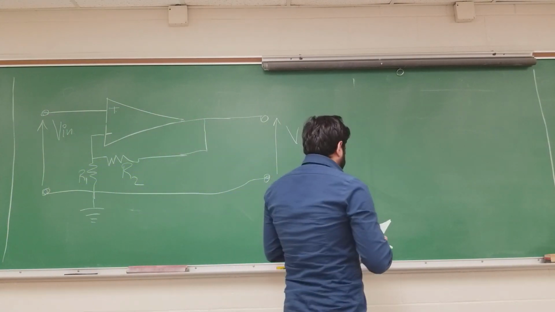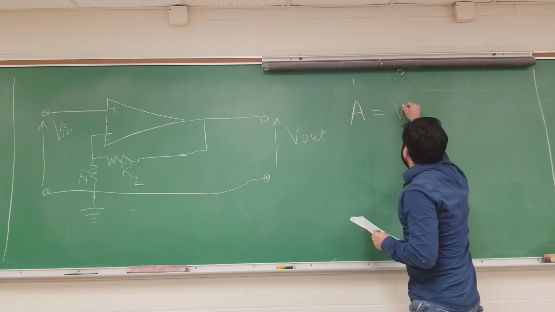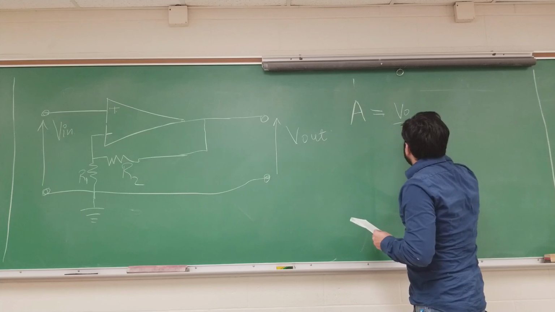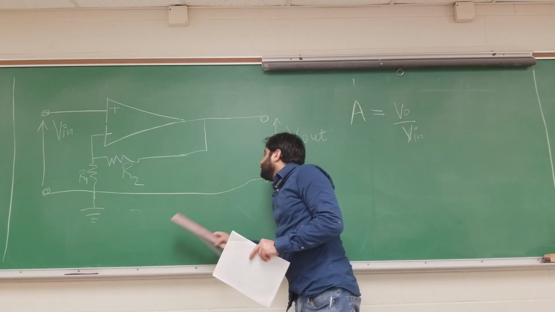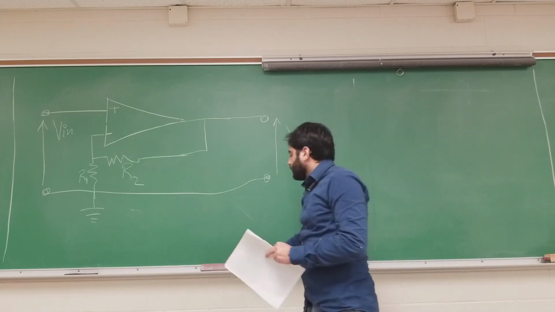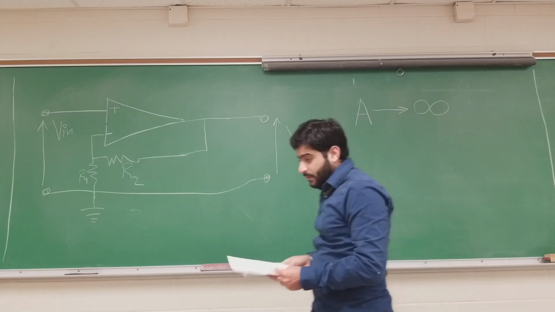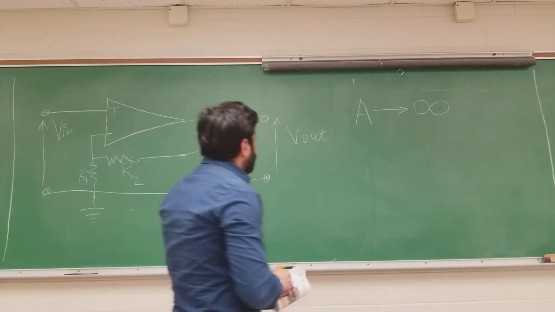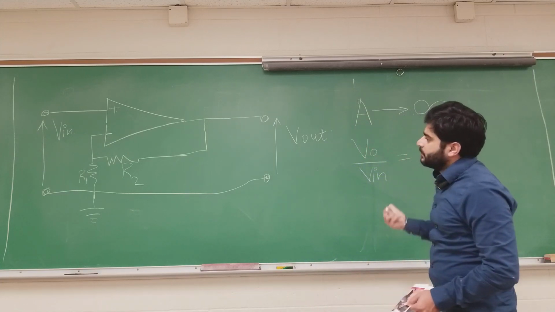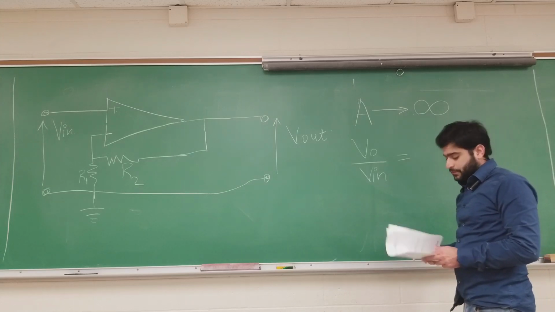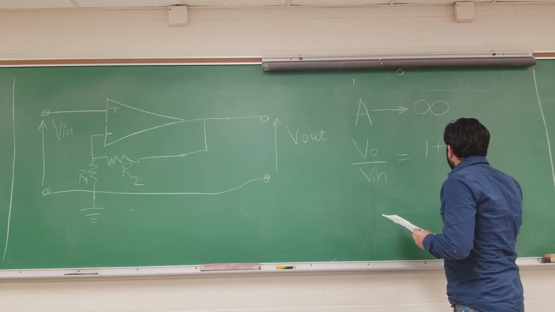So what I would cover is, when the amplification ratio of the op-amp, that is V out over V in, tends to infinity, our output signal, V out over V in, is driven by the combination of the resistors we choose. So it is basically 1 plus R2 over R1.